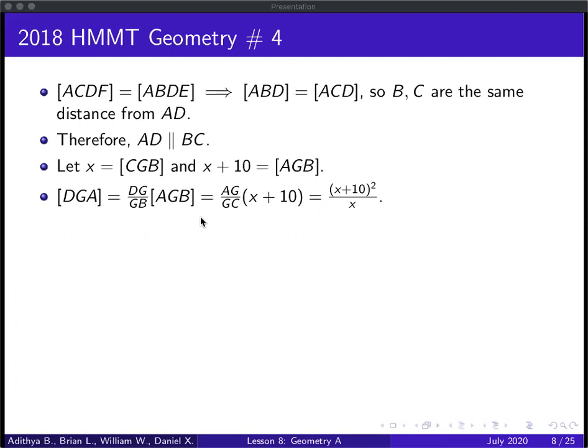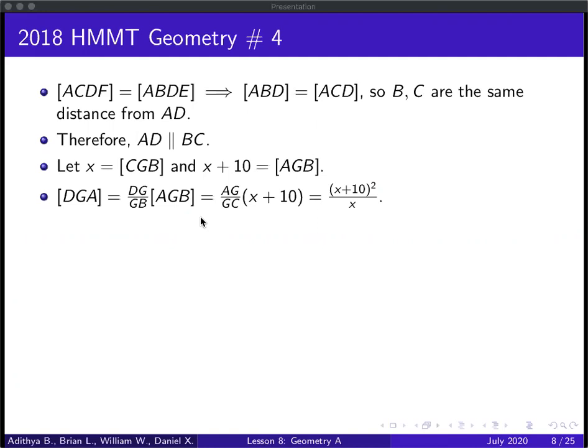Does that make sense? Now we already know the area of AGB. The area of AGB is just x plus 10. And DG to GB, well, we remember that AD and BC are parallel. We just found that.